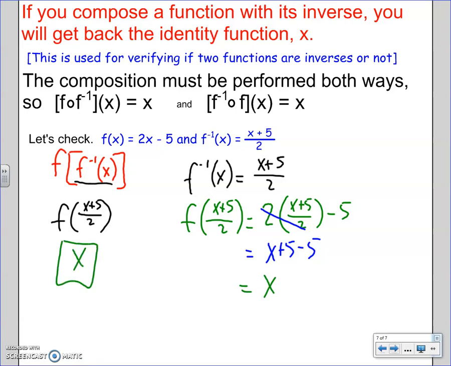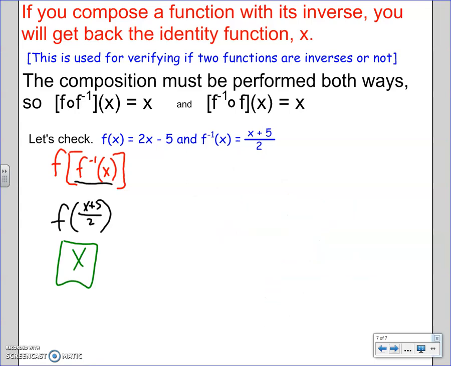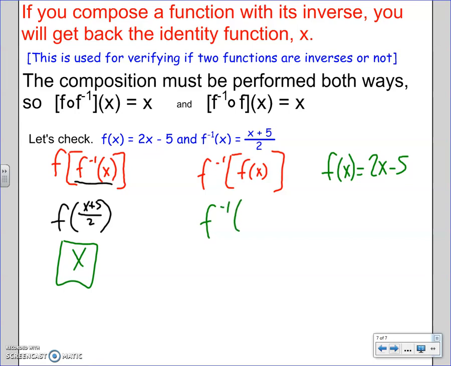I do the same thing for the opposite. So let's reverse it. So f inverse of f of x. This first one tells me to go to f of x. I'll go to equation f, plug in x for x. That's no change. So done. I'll now do f inverse of 2x minus 5. So that tells me to go to equation f inverse and plug in 2x minus 5 for every x.